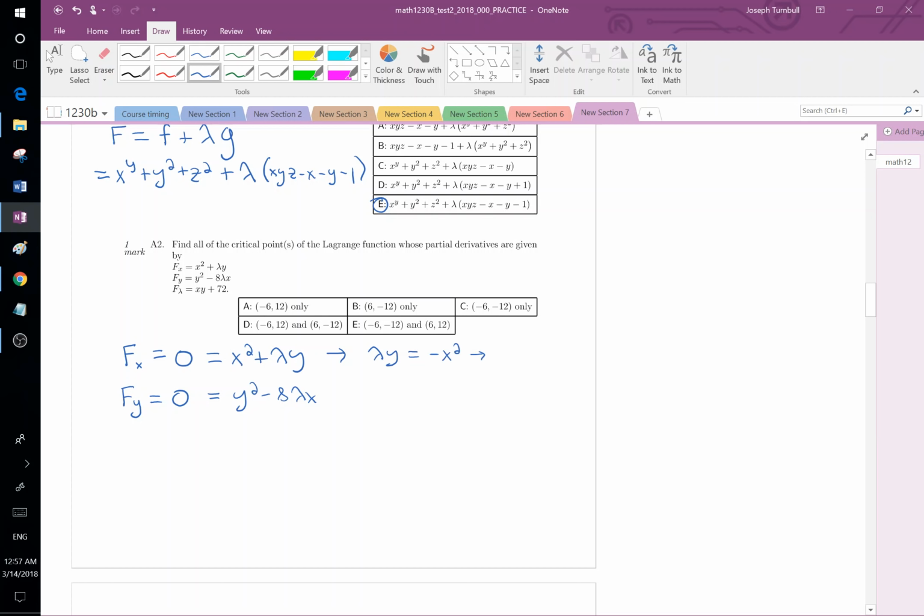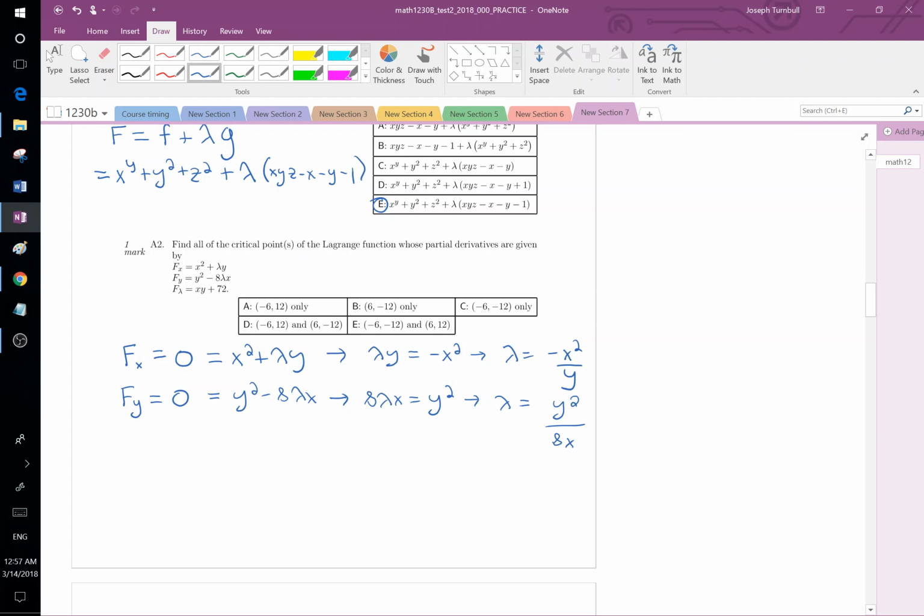That means lambda is equal to negative x squared over y. Do the same thing with the second equation and isolate it for lambda. So we have 8 lambda x equals y squared. Then divide both sides. So lambda is equal to y squared divided by 8x.